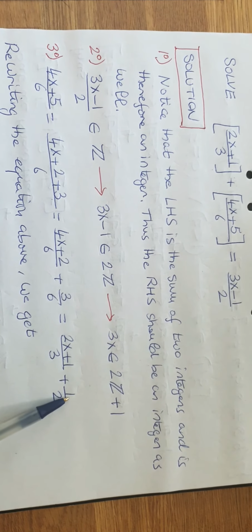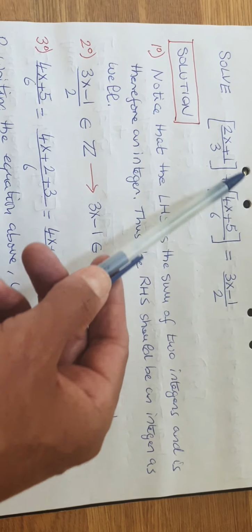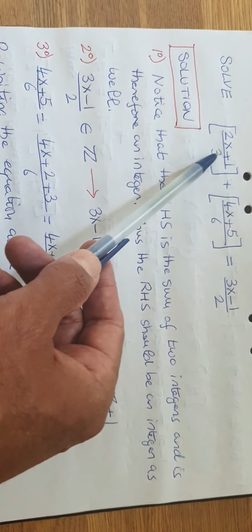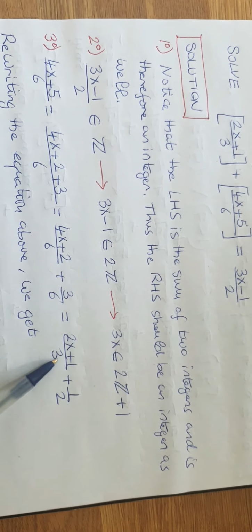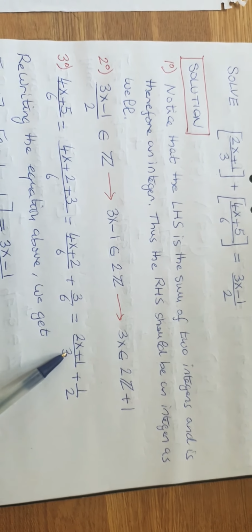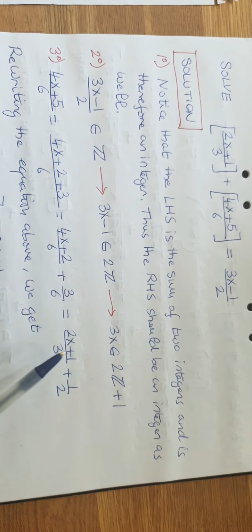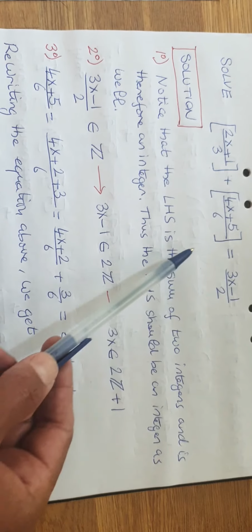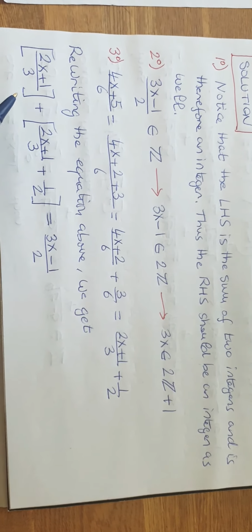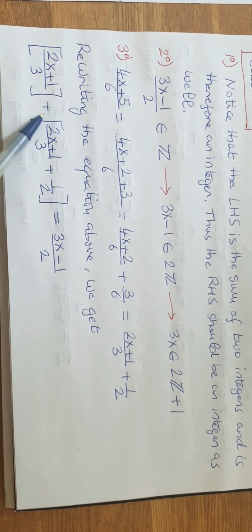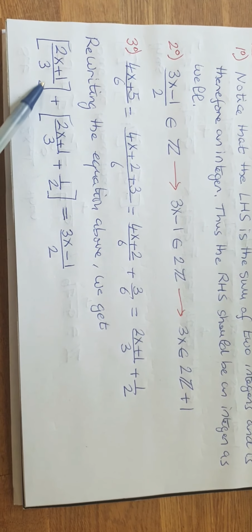Well, what can we see here? Now we see that this term inside the square brackets reappears here. And this is a good thing. By noticing that, I want to rewrite the whole equation, and it will have the following form.